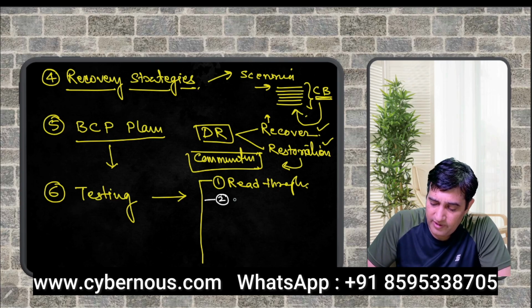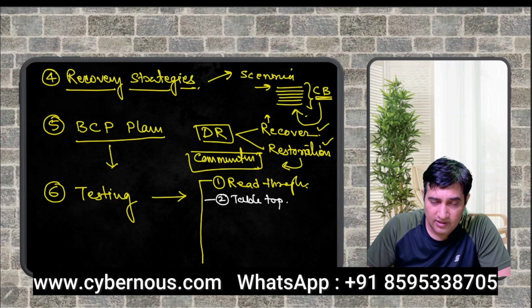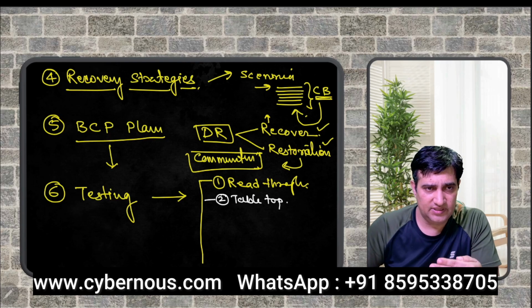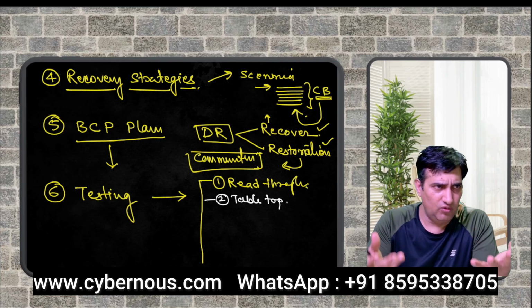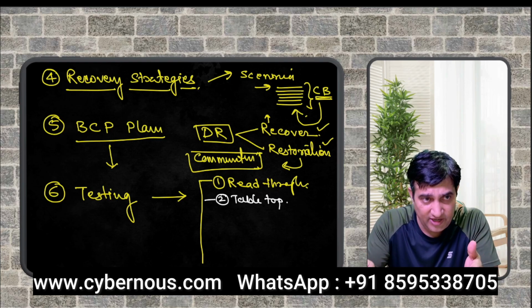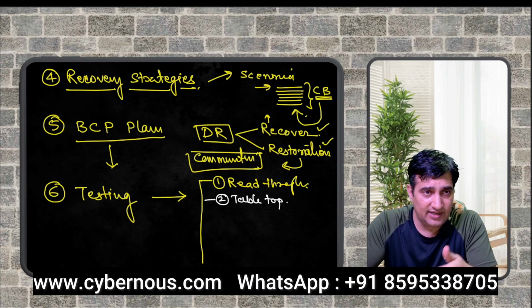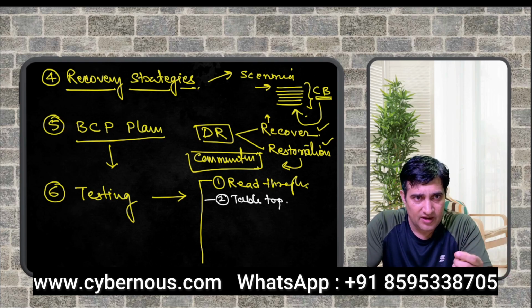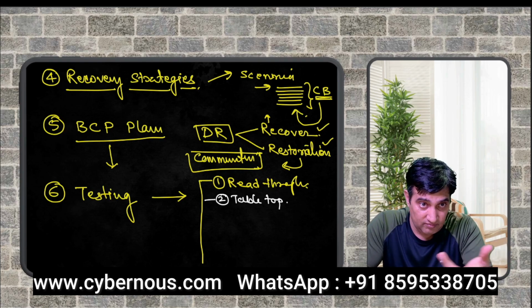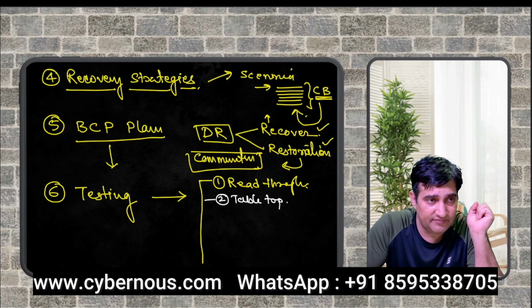Then we also have something called a tabletop exercise. In a tabletop exercise, you gather people, maybe on an online call, or maybe all coming into a meeting room physically, and that is where you tell them different scenarios and then go one by one to take feedback from their department specific inputs.